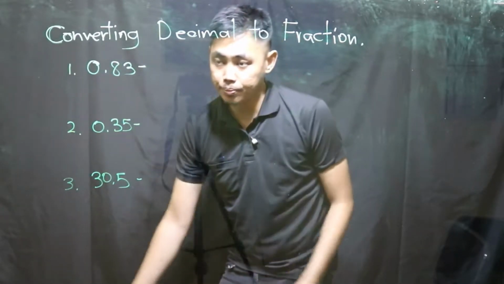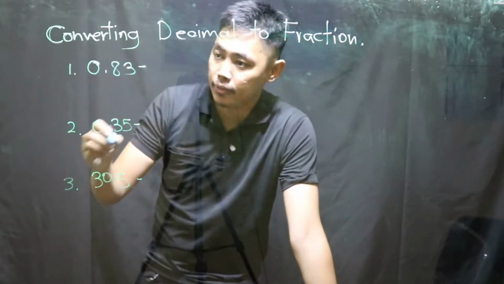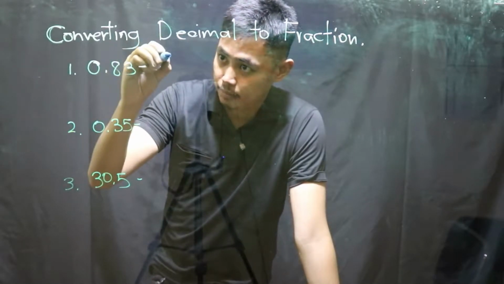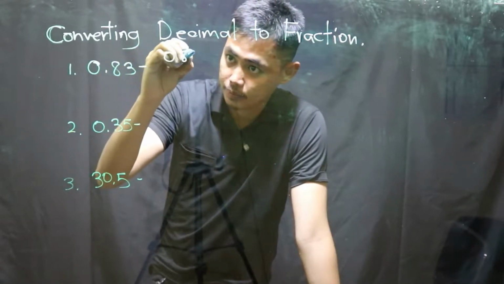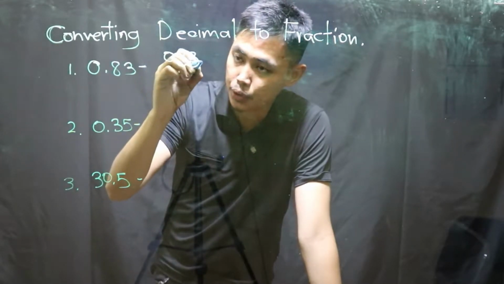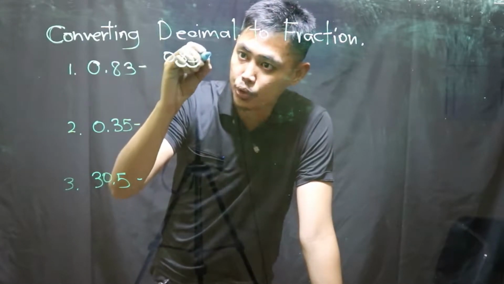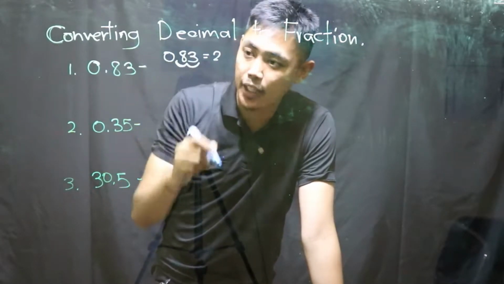So for number 1, you have 0.83. Let's write that one here. You just need to move the decimal point 1, 2. So how many times did you move it? 1, 2. So you move it twice, right?